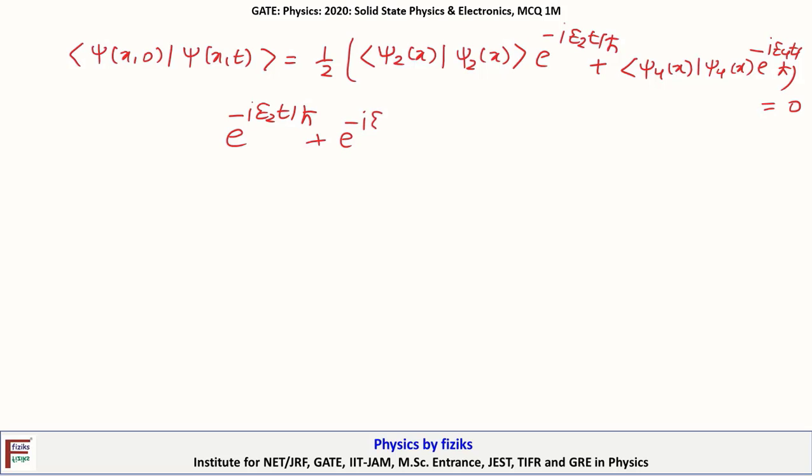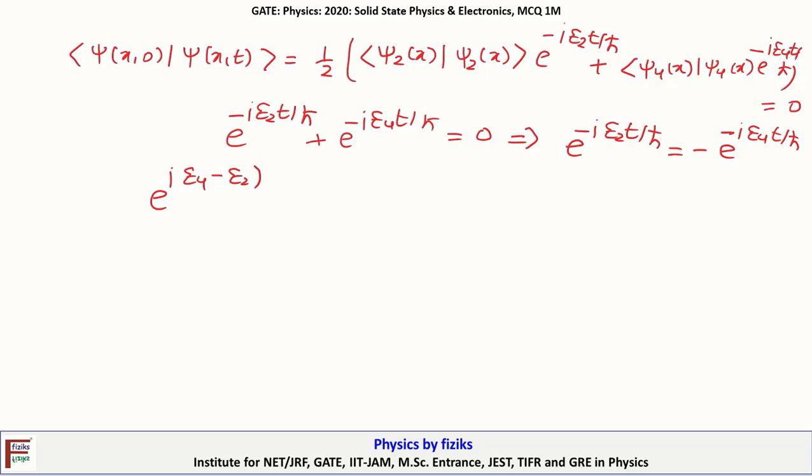the power minus i E4 t by h cut is equal to 1, which implies e to the power minus i E2 t by h cut equals minus e to the power minus i E4 t by h cut, or e to the power i (E4 minus E2) t by h cut equals minus 1.